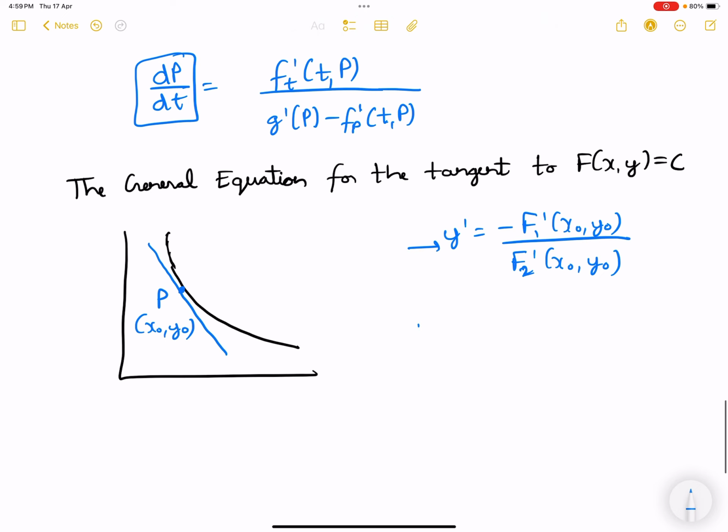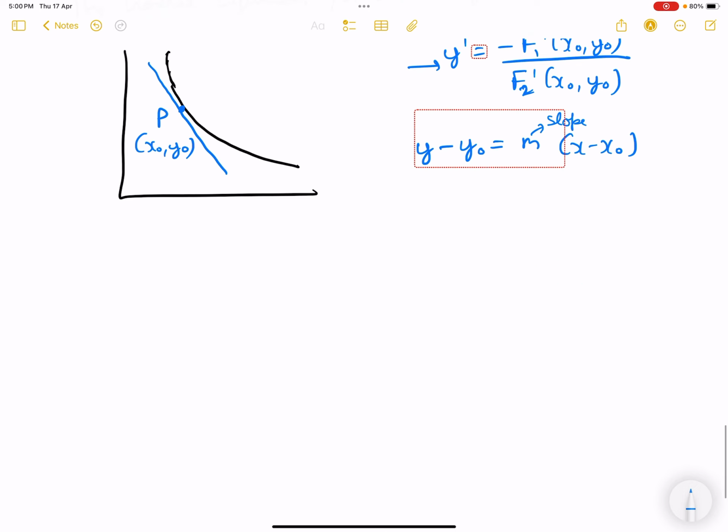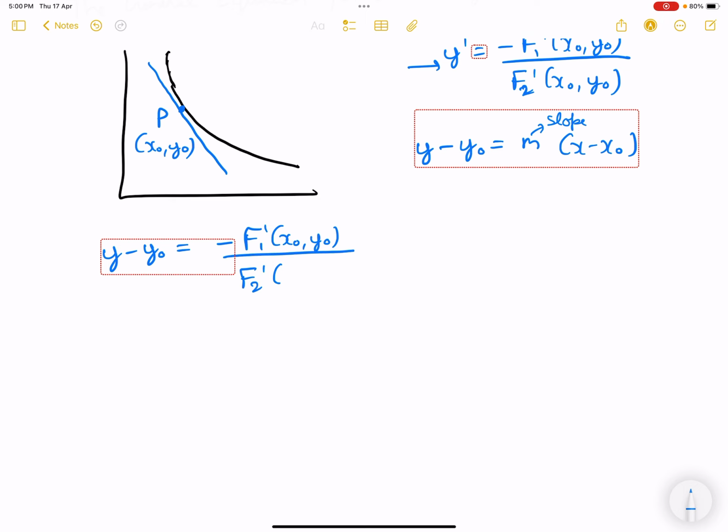And we have studied in earlier classes, in chapter 2, y minus y naught equals m times x minus x naught, where m is the slope. So this gives us y minus y naught equals minus f1 dash (x naught, y naught) upon f2 dash (x naught, y naught) times x minus x naught.